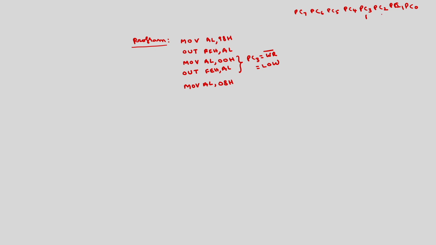This should be 1, remaining all can be zeros. This is 0 hexadecimal, this is 8, so 08H. Then OUT to the same port C, FEH. So, this will make PC3, which is WR bar, high. This low to high transition will start the conversion.